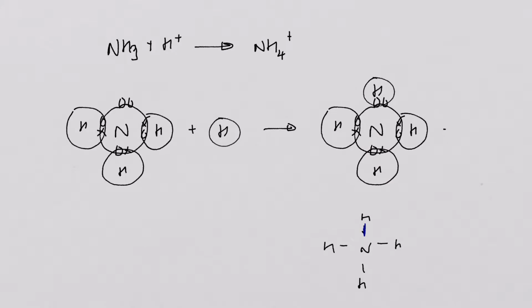We can show that on our diagram by adding an arrow in there. And it's important to say that those 4 bonds down here now are completely indistinguishable from each other. That's just nitrogen bonded to hydrogen 4 times.